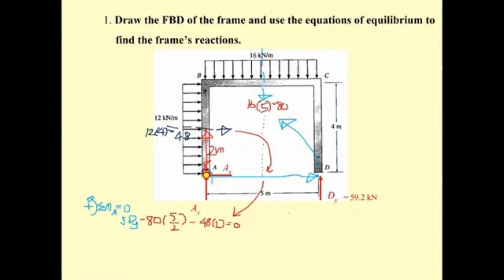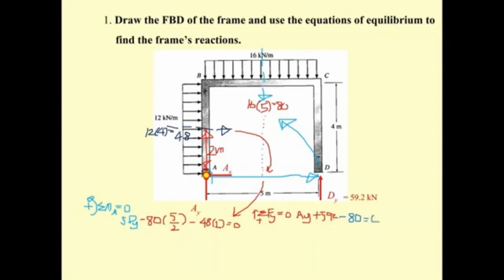Okay, then you may have the summation of F sub y equal to 0 in order to determine the A sub y. The A sub y is upward. Let's take the upward as the positive. So we have the A sub y, plus the vertical 59.2. And the resultant force of 16 kilonewton per meter is downward, so that is going to be minus 80.